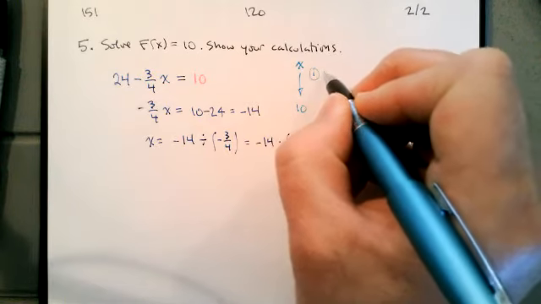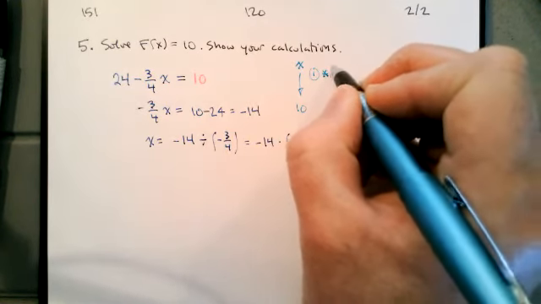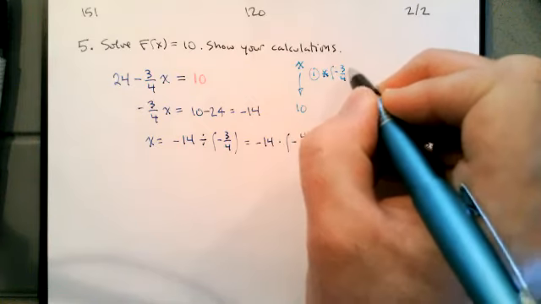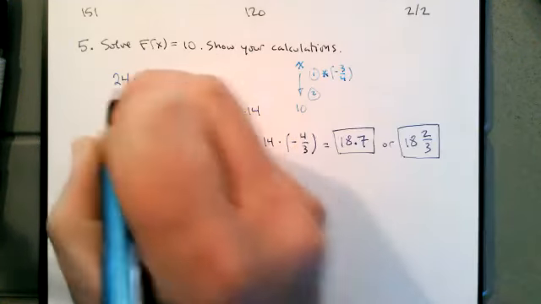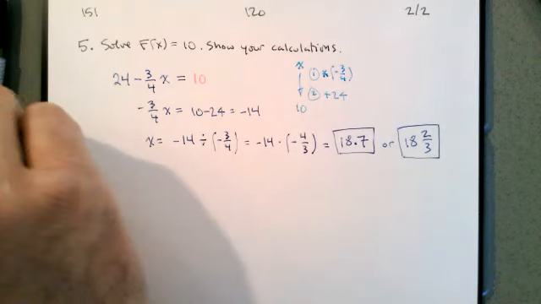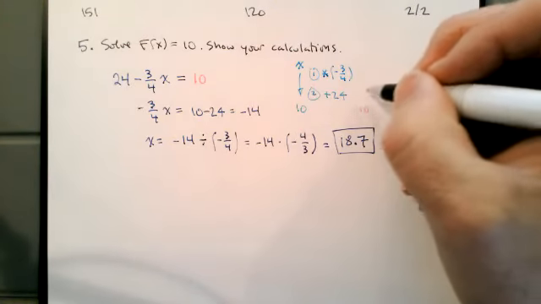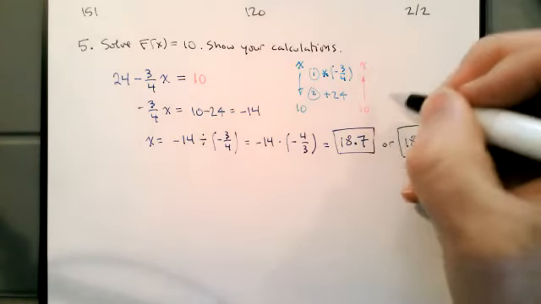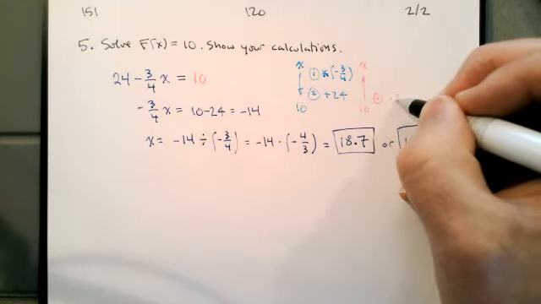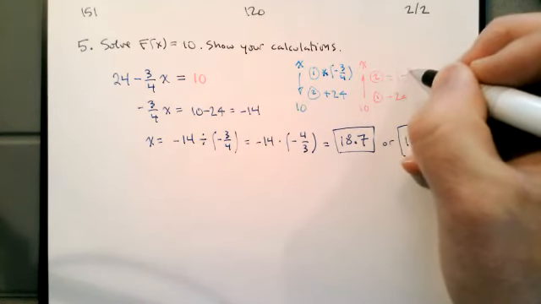First, we multiply by negative 3/4, and second, we add 24. So the inverse operations to turn 10 back into an x: first, we'll subtract 24, and second, we'll divide by negative 3/4.